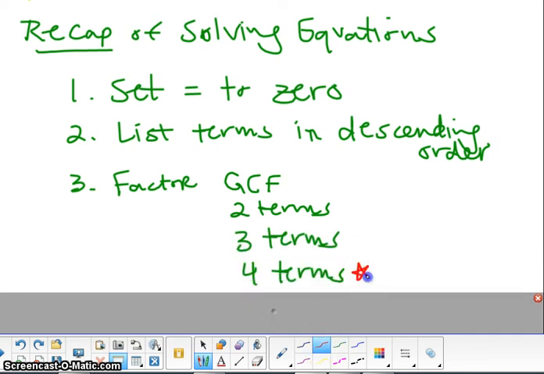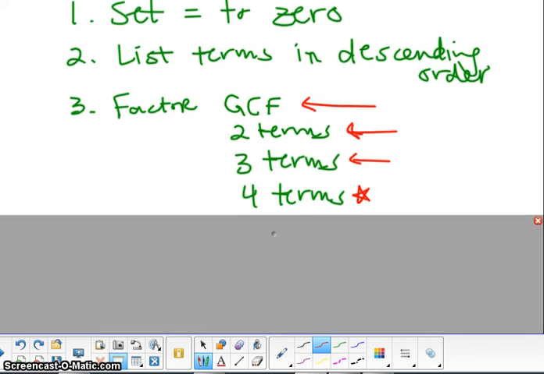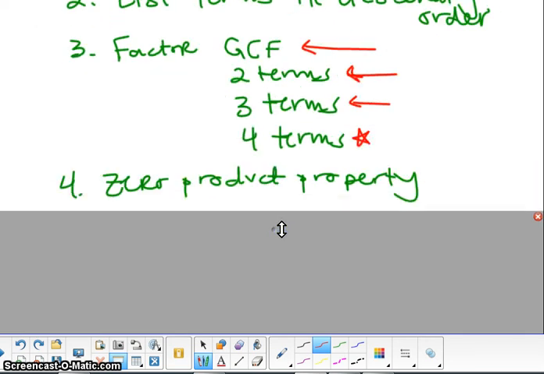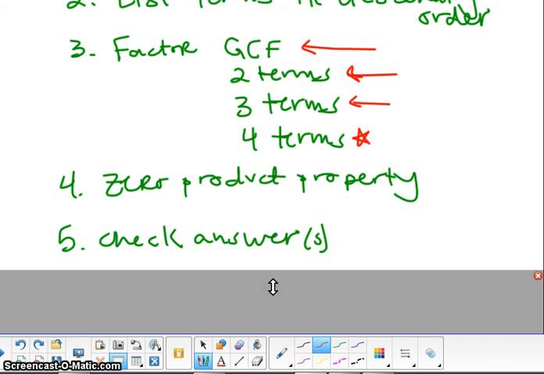This one I'm going to save for another assignment, but the 3 you need to be aware of are GCF, 2 terms and 3 terms. And then fourth, you're going to use the zero product property. And then fifth, you can always check your answers to see if you are correct by plugging into the original.